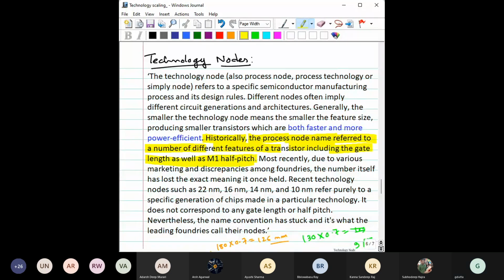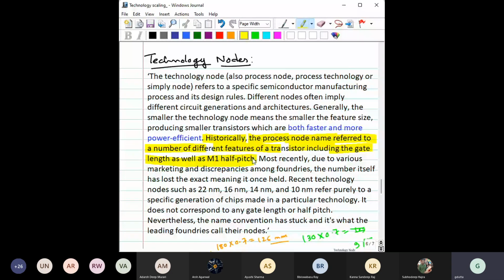So earlier, when I said the node was 1 micrometer, that meant the gate length was actually 1 micrometer. When I said 500 nanometer technology node, the gate length became 500 nanometer, right?